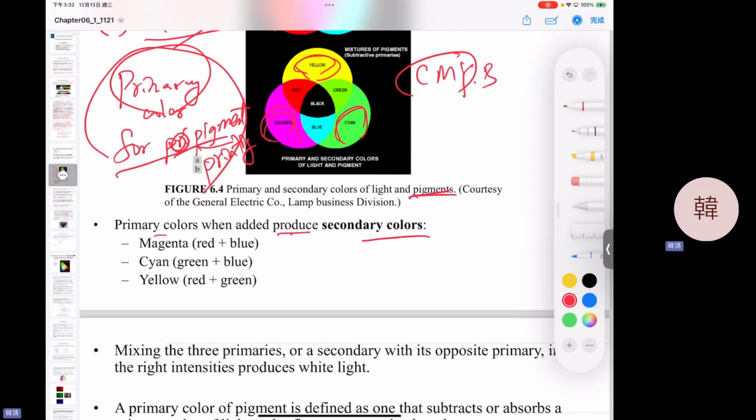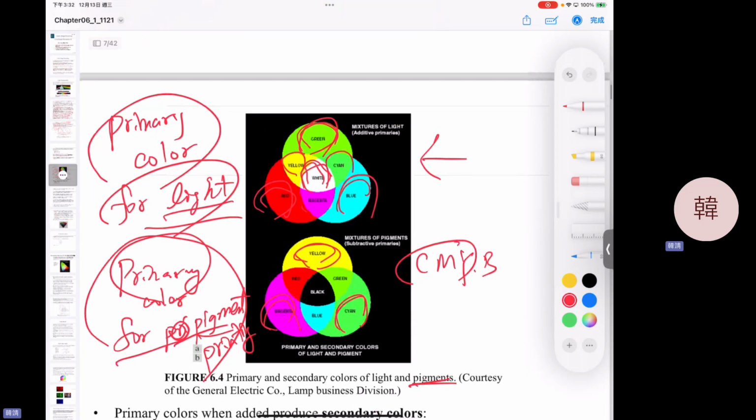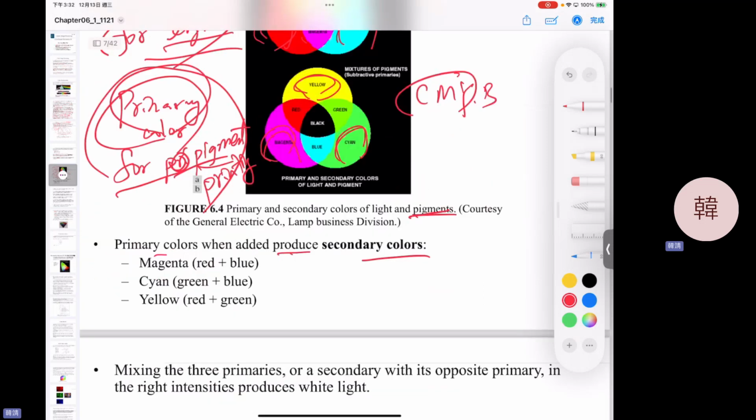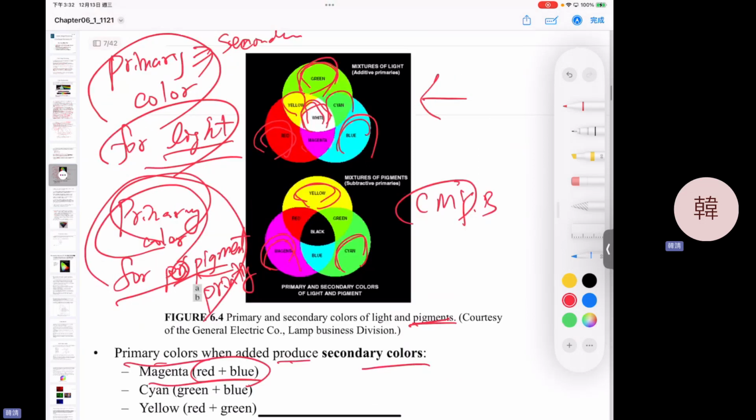Primary colors produce secondary colors. Every different color system has secondary colors. For this one we have secondary colors, and for this one we also have secondary colors. How do you get a secondary color? You just add two of the primaries together. For example, for the light source, if we add red and blue, we get magenta.